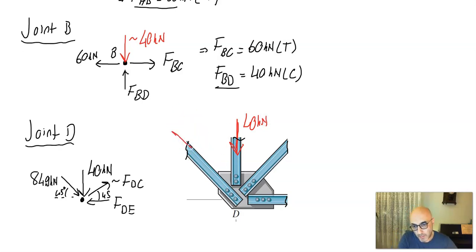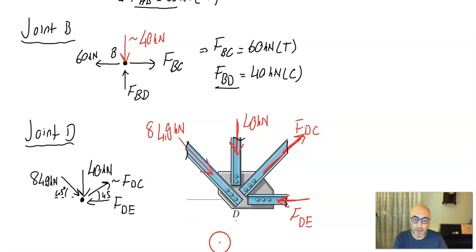That drawing was not so good, so let's try again. This force is equal to 84.9 kilonewton, and then these are unknown forces FDE, and this particular one is our second unknown force at this joint, FDC.